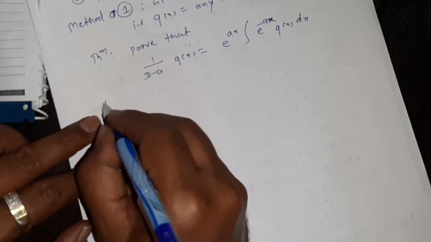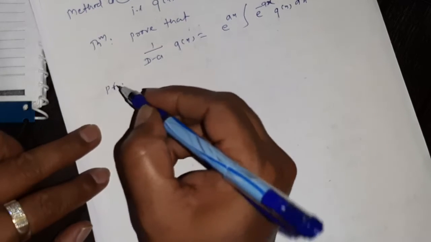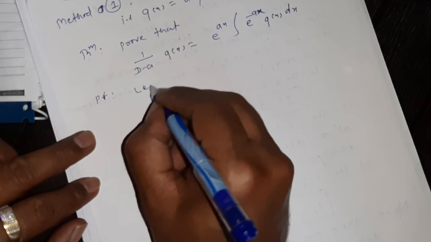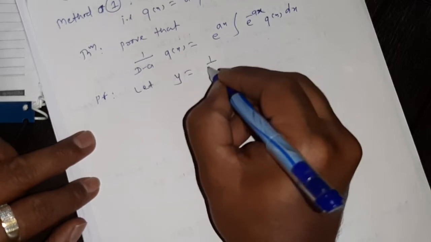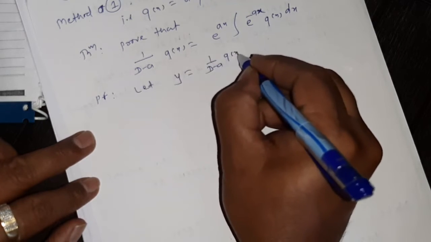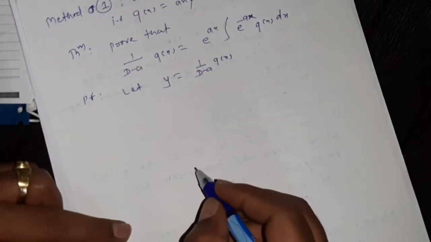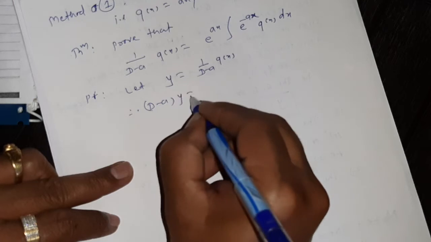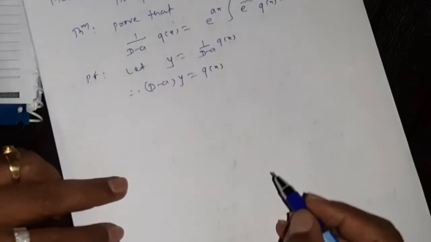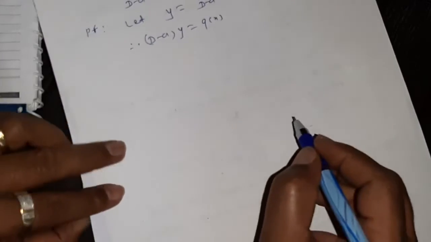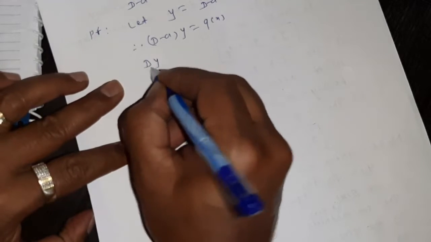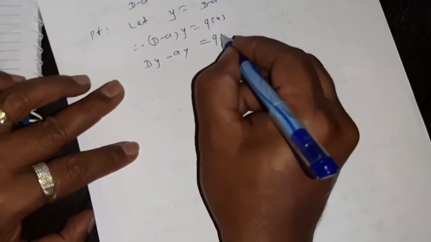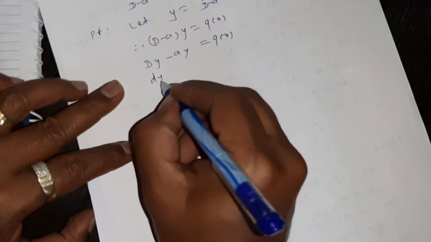Solution or proof. Let y equal 1 by (D minus a) Q(x). Therefore (D minus a)y equals Q(x). What is D? D means d by dx.